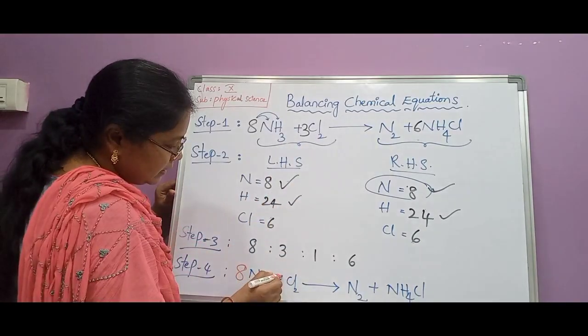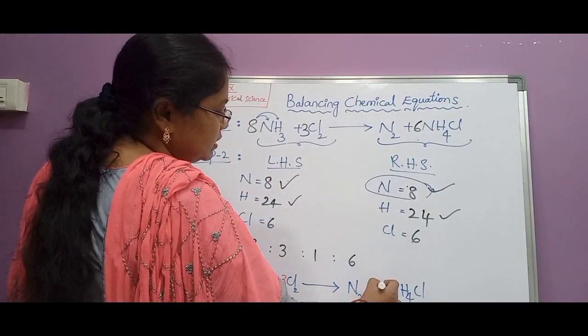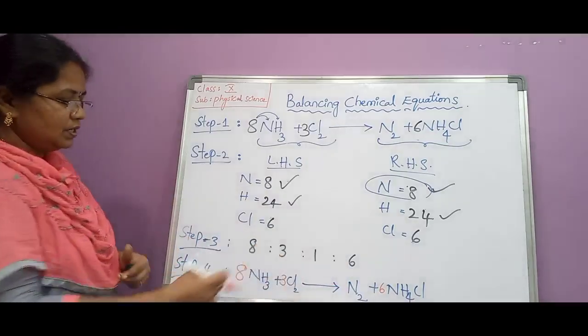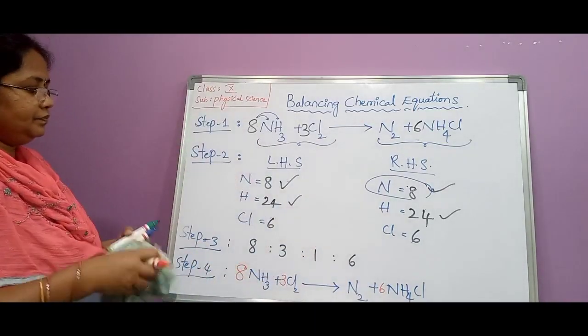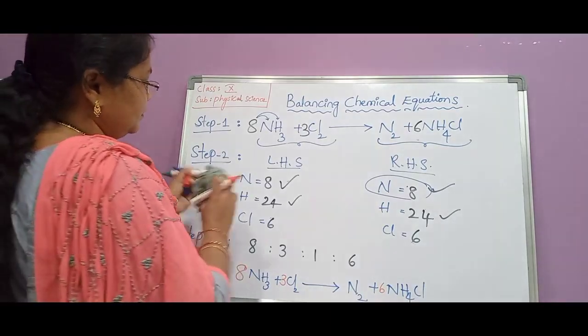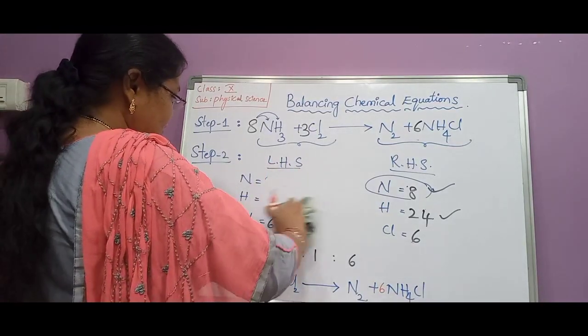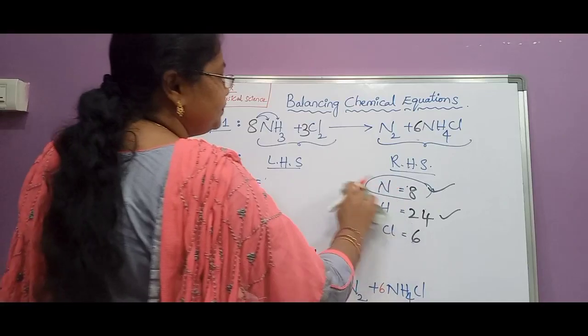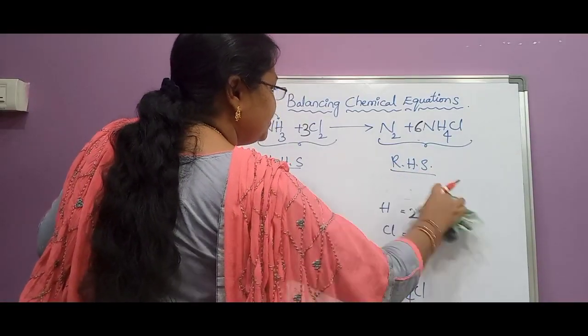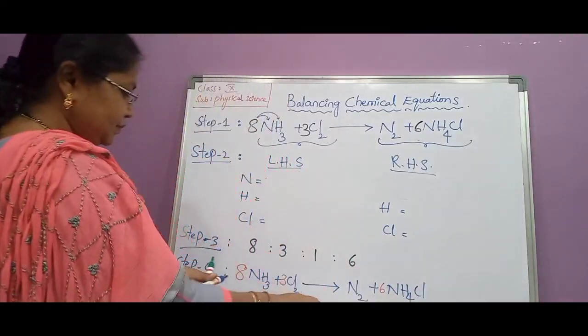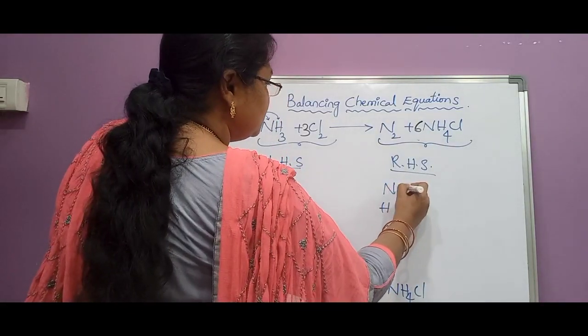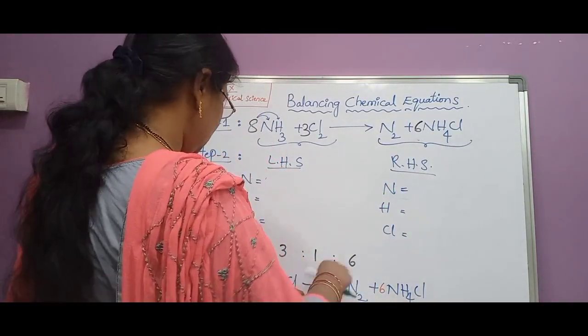I've written 8 here, and here 3, and here 6. I can write here itself, no problem. I am going to verify the equation here finally. Final verification is also very important, no?